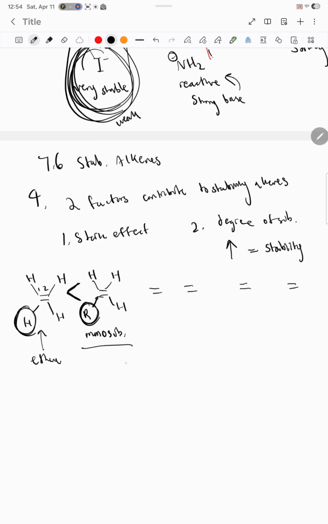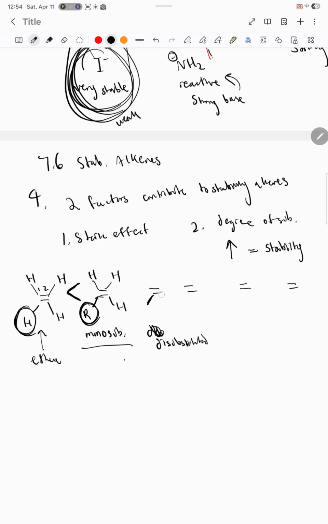The next stable would be disubstituted, but again, what does disubstituted mean? Basically, it just means as long as we have two R groups on any of these chains, it's considered disubstituted. So there are three different variants.